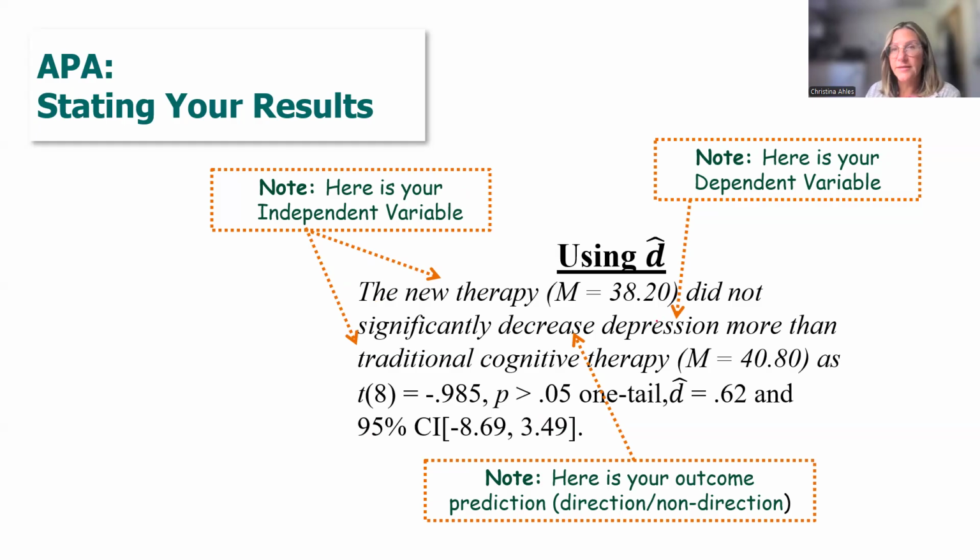So we did not find significance. So we have the new therapy, and I always include the mean for that group. Did not significantly decrease depression more than traditional cognitive therapy, and then I provide the mean for that. As T, our test statistic is negative 0.985, and we always include our degrees of freedom here that we use to look up the critical value. We know P is greater than alpha because it's not significant.